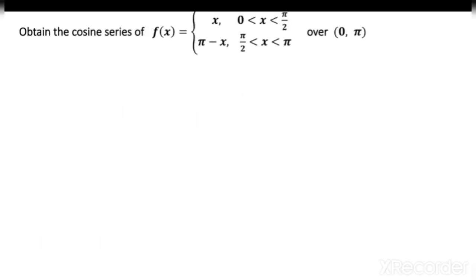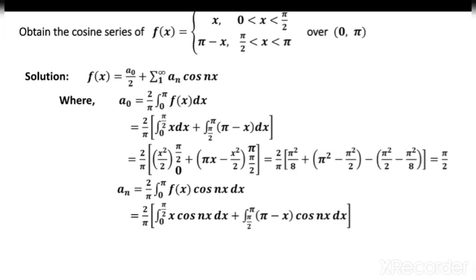Next problem. Obtain the cosine series of f of x equal to x from 0 to pi by 2, pi minus x from pi by 2 to pi, over 0 to pi. Since we have discussed the sine series, each step, here you can see I have displayed the solution altogether. Just go through it.